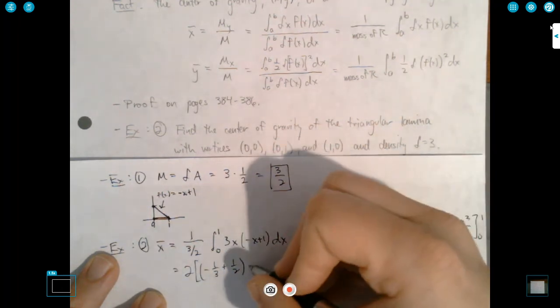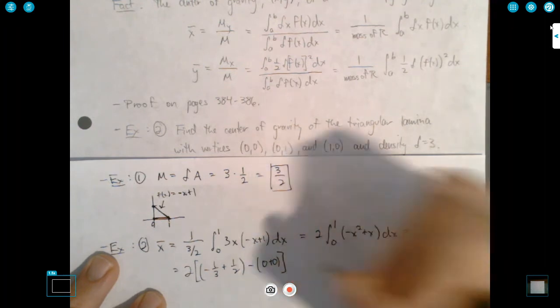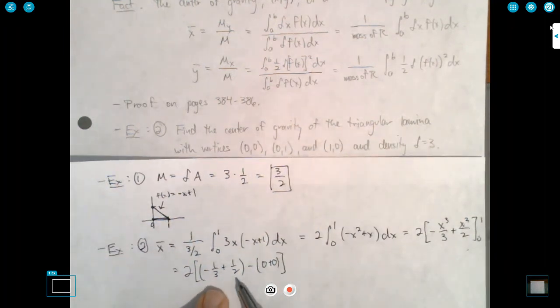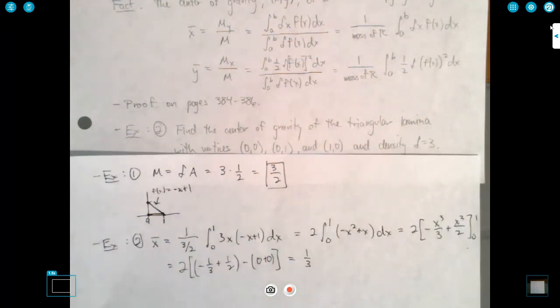And when I plug in 0, I get 0 plus 0. Nothing interesting, right? Okay, negative 1/3 plus 1/2. So this would be negative 2/6 plus 3/6. So that would be 1/6. And then times 2 would be 2/6, or in other words, 1/3. Okay, so there's x bar.